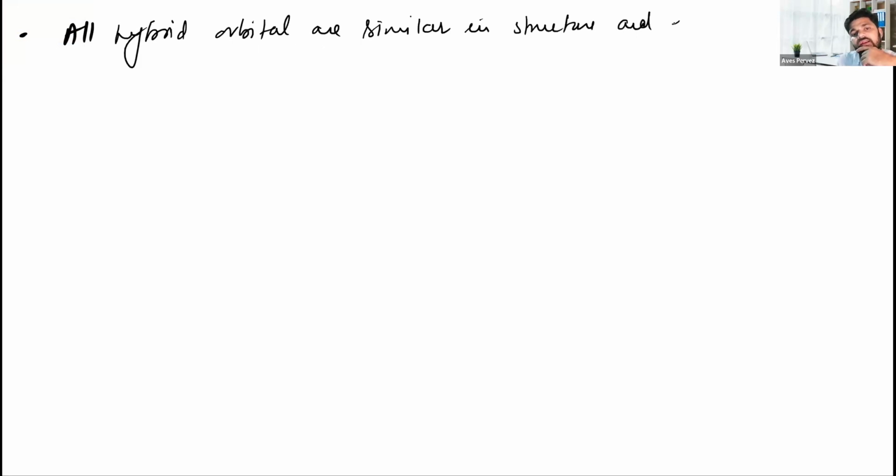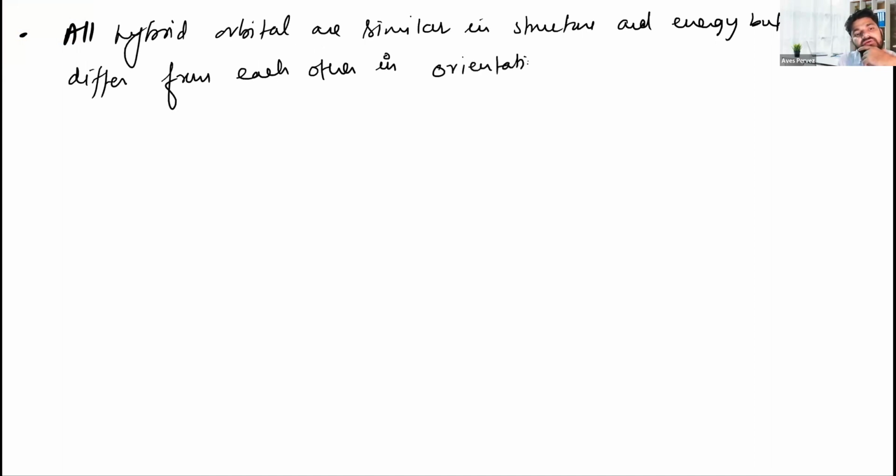Now moving to the next point: all hybrid orbitals are similar in structure and energy, but may differ from each other in orientation in space, that is, in arrangement.